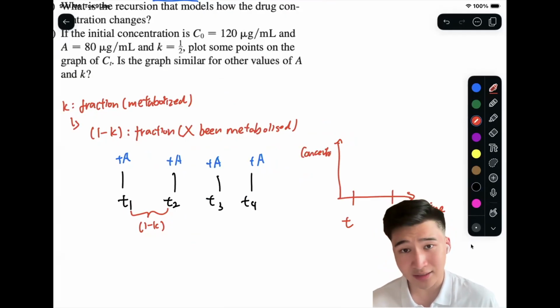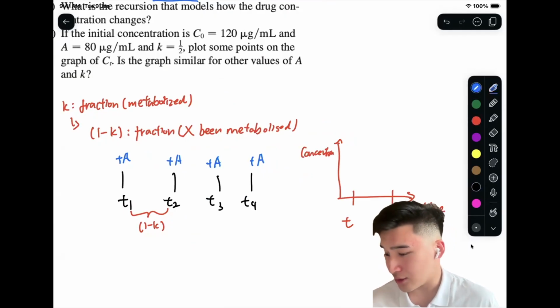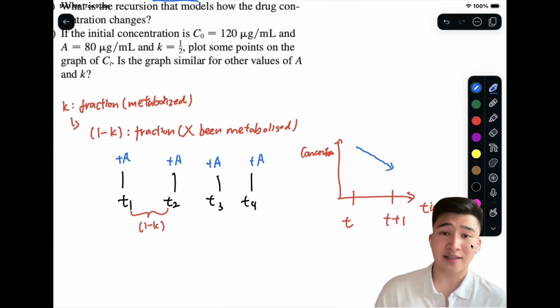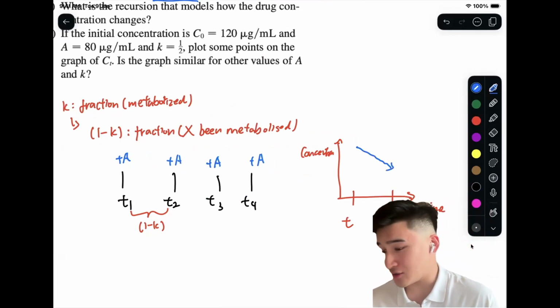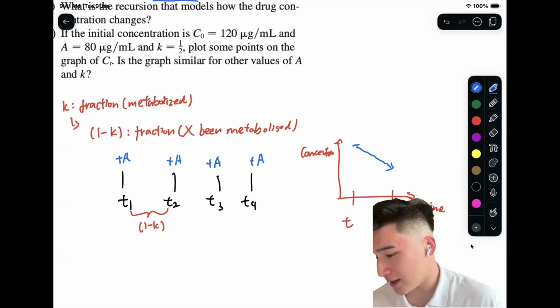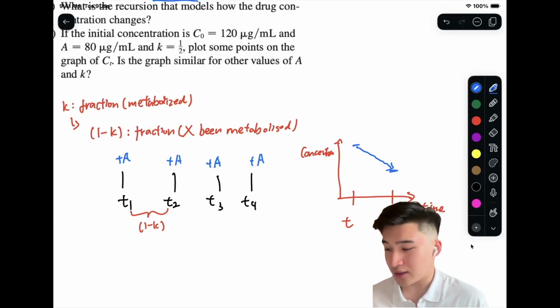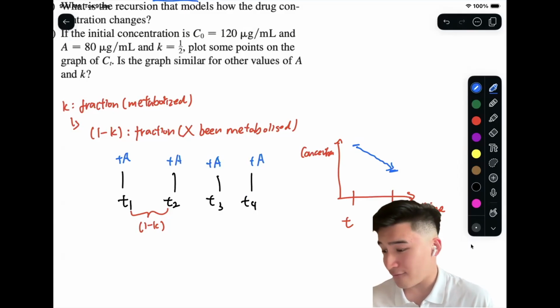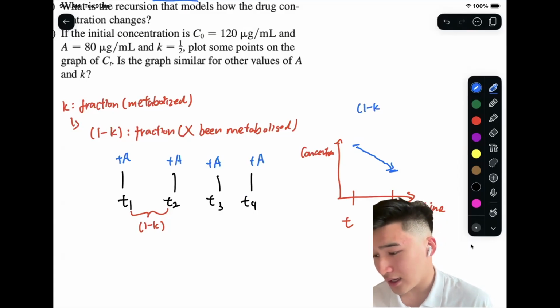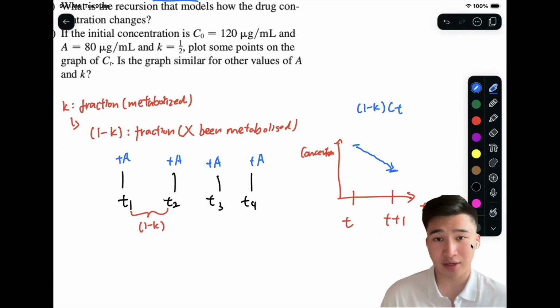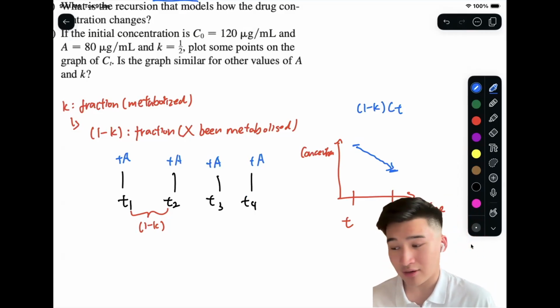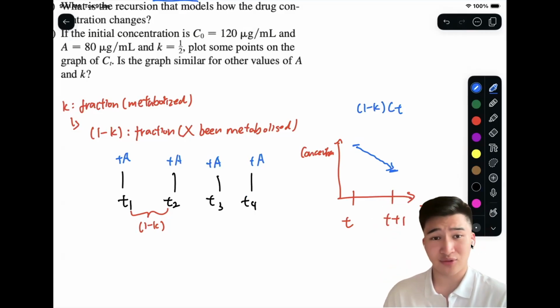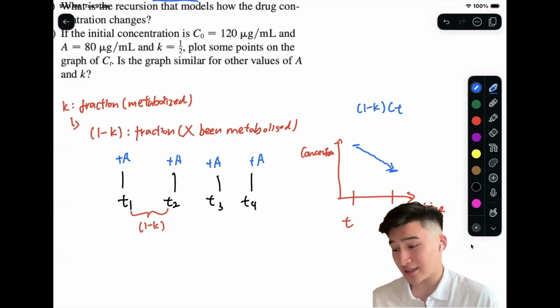Realistically, it should go down, and the reason it goes down is because our body is metabolizing the drug. So there should be a decrease in concentration, and it decreases by a factor of 1 minus K times our previous concentration, the amount of drug that still exists.